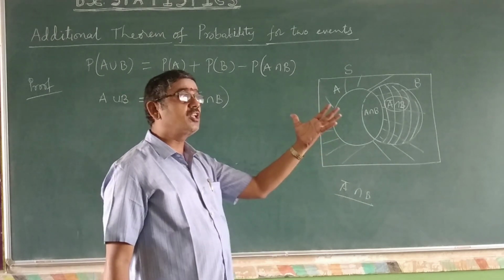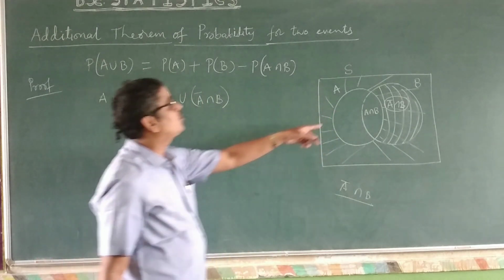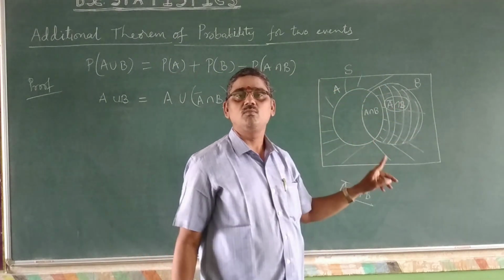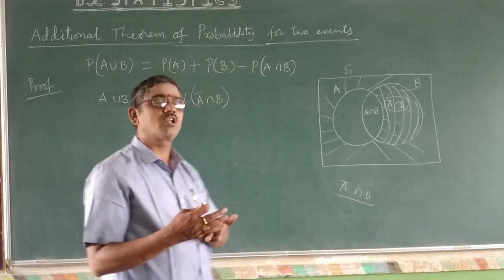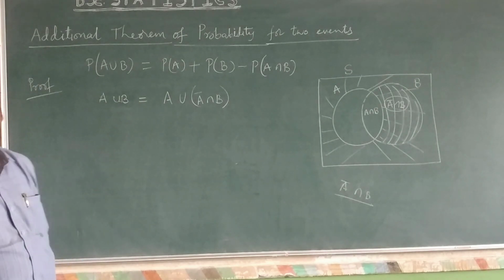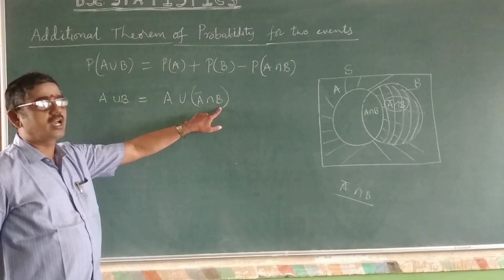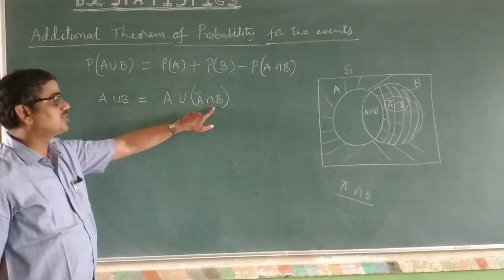So the union of those two events gives A union B, which is this entire part and this entire part, both the parts of A and B. So A union B can be expressed as A union A complement intersection B, the union of two disjoint events.